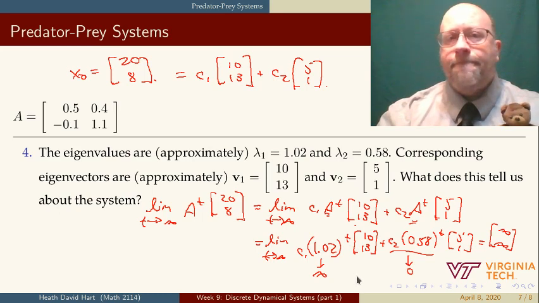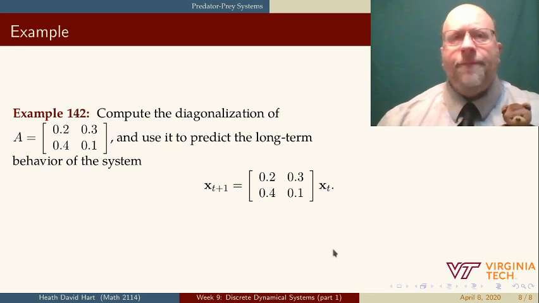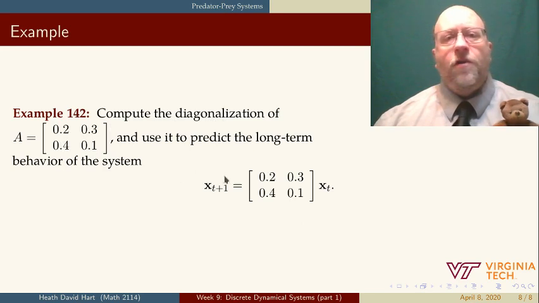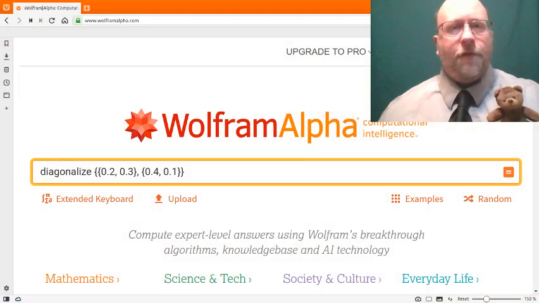Okay? Let's do one more example. Let's use the diagonalization of this matrix here to predict the long-term behavior of this system. So what we're going to do, see if we can make this work, is switch over to Wolfram Alpha, and we'll go ahead and work out the diagonalization of this matrix.